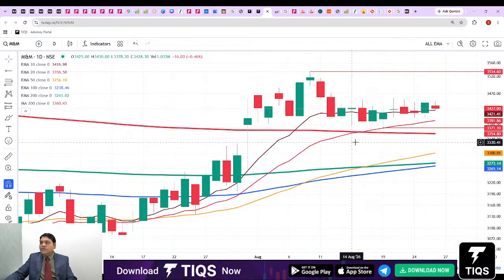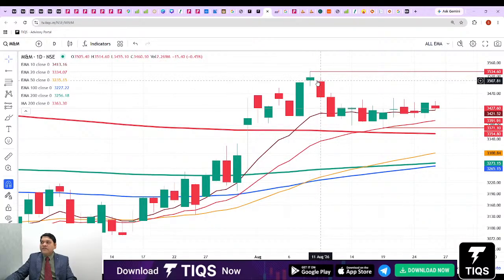So below 3371 it can go down, above 3535 it will go up. So right now it is in a very sideways structure, sideways to down momentum. Today it is 0.5% down. It is not supporting Nifty.